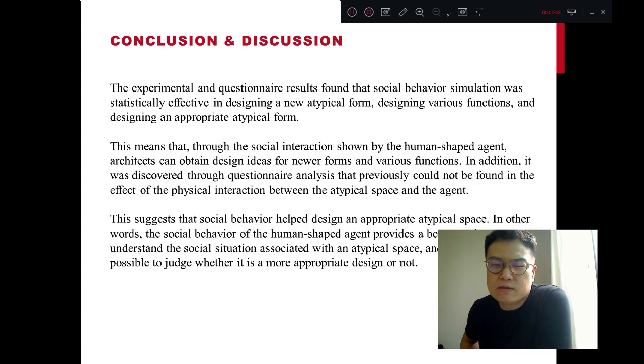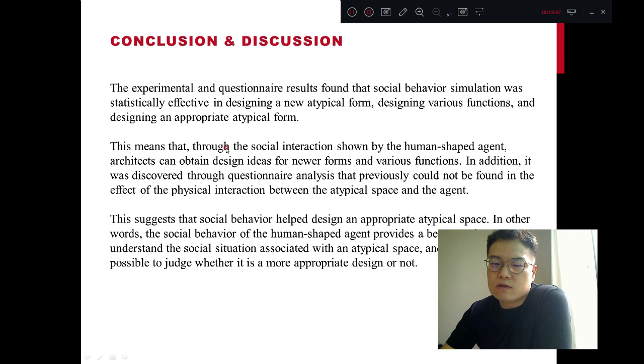The experimental and questionnaire results found the social behavior simulation was statistically effective in designing new forms, designing various functions, and designing appropriate typical forms.